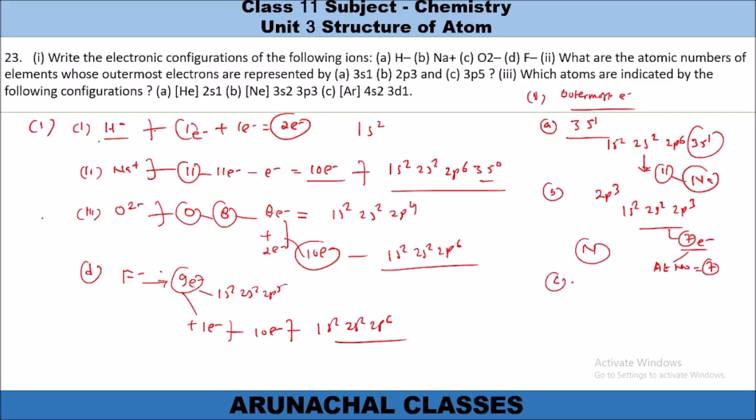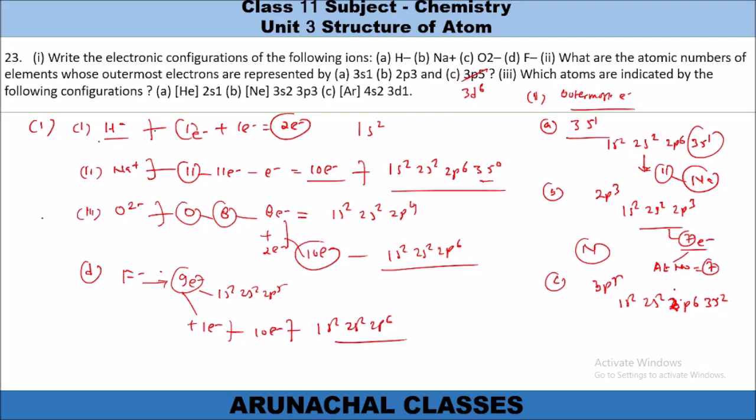Then we have the C case, that is 3p5. It is not 3p5, it is 3d6.